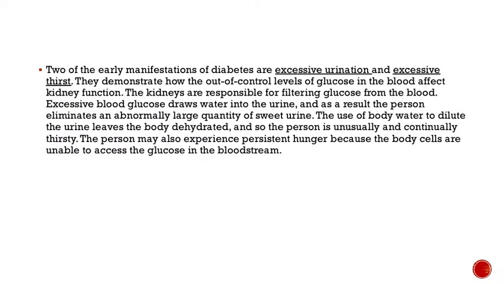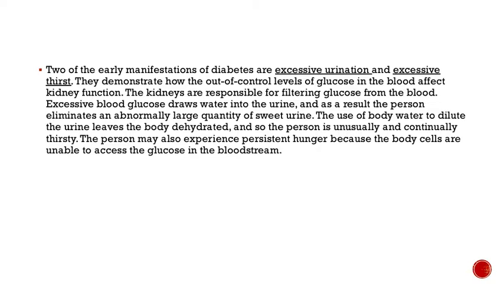Two of the early manifestations of diabetes are excessive urination and excessive thirst. They demonstrate how out-of-control levels of glucose in the blood affect kidney function. The kidneys are responsible for filtering glucose from the blood.